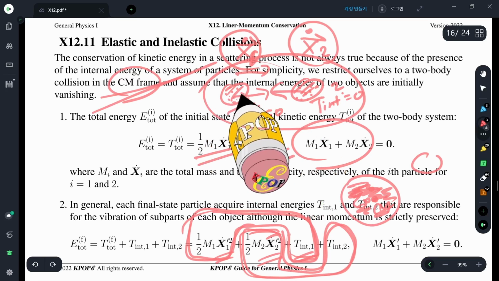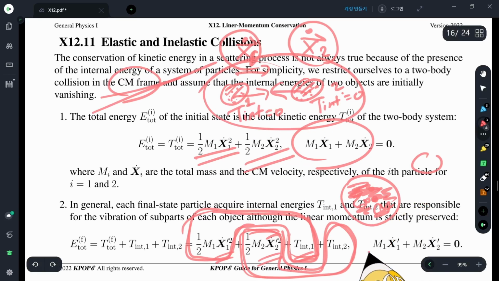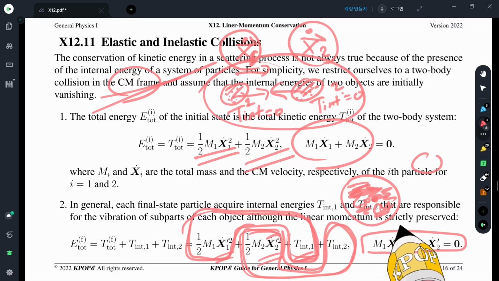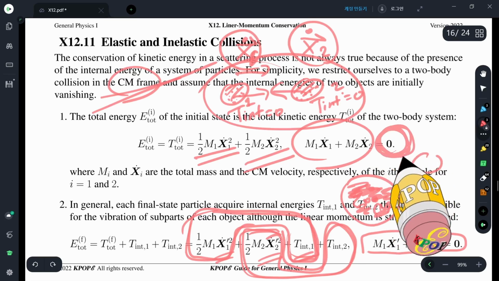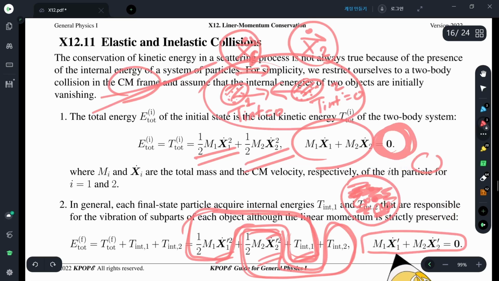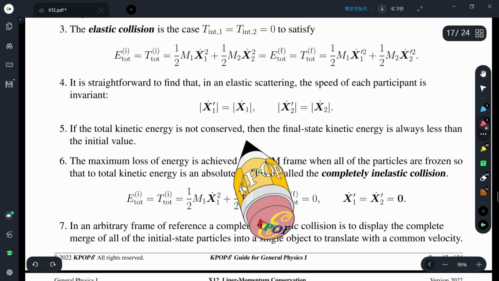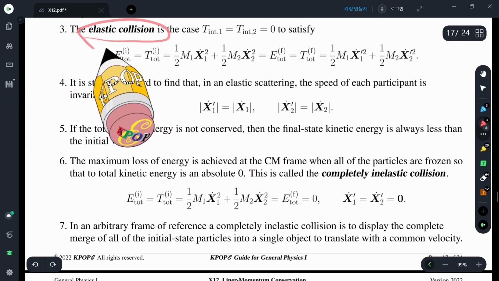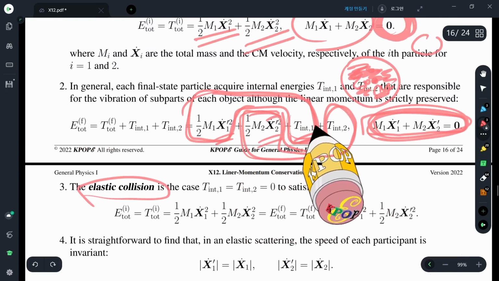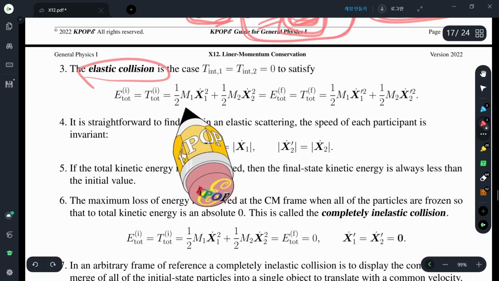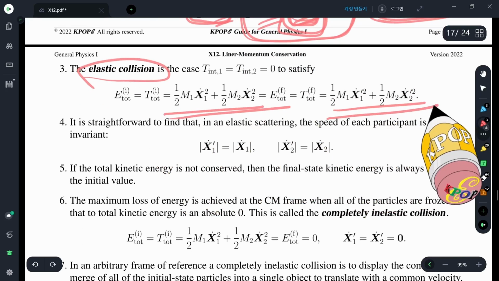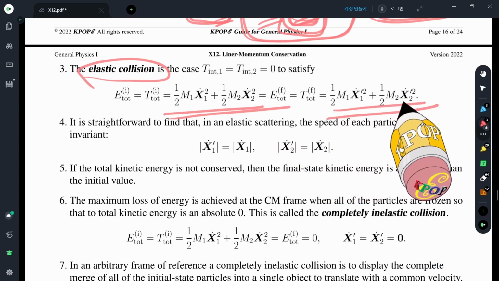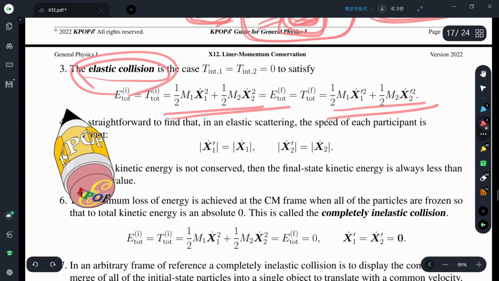But we consider the completely inelastic case, or the inelastic case. Because we have considered the center of momentum frame, the final state also satisfies the linear momentum conservation. An elastic collision is the case when this internal energy vanishes. If we have the conservation of total kinetic energy, then we say it is an elastic collision.